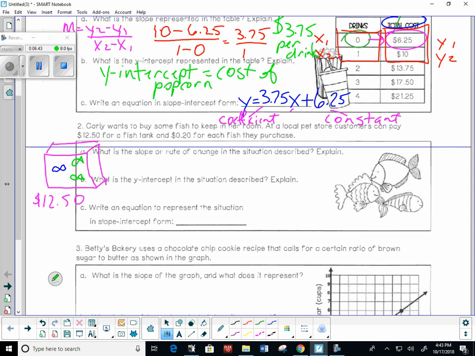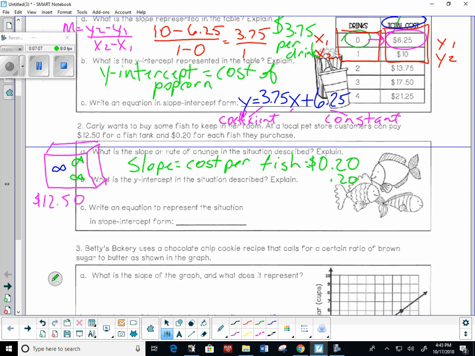What does it cost for each fish? That's our slope. So our slope would represent the cost per fish. What is the cost per fish? It would be $26. Okay.